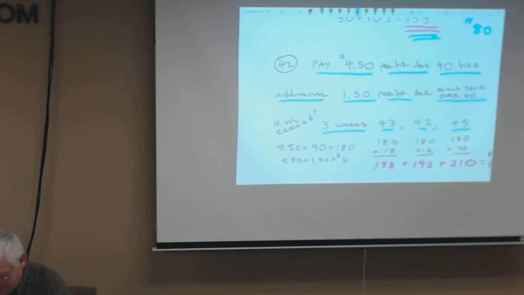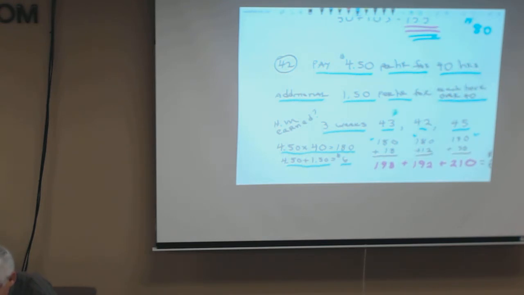Now, do you see from this information I have underlined in blue, I can now work the problem. $4.50 an hour for 40 hours is $180. So he gets 180, 180, 180. You with me? $4.50 plus $1.50 is $6 an hour, and that's $6 an hour for 3 hours.